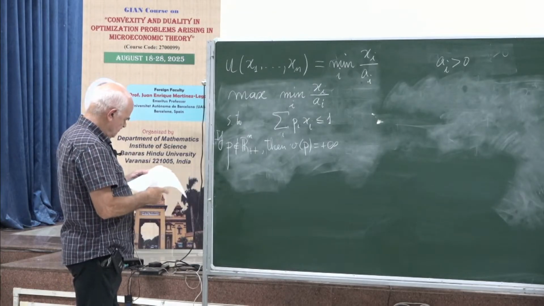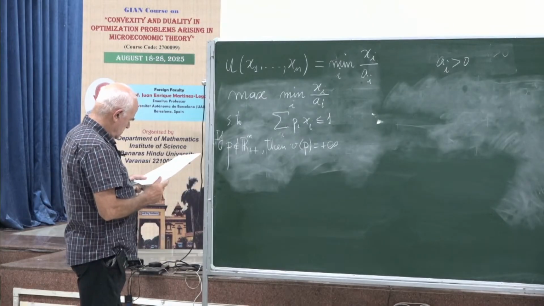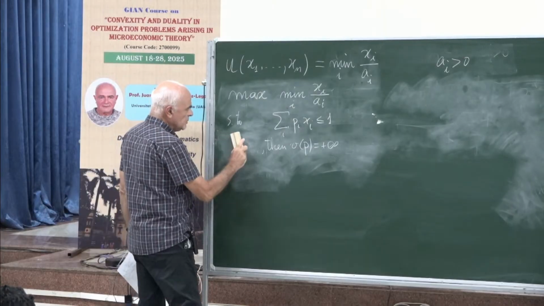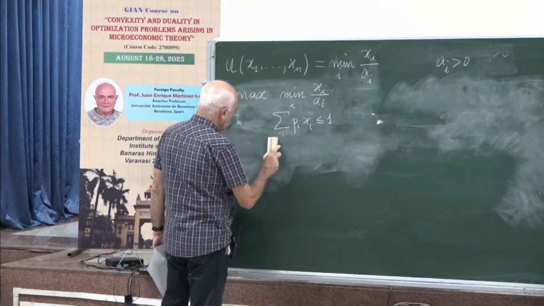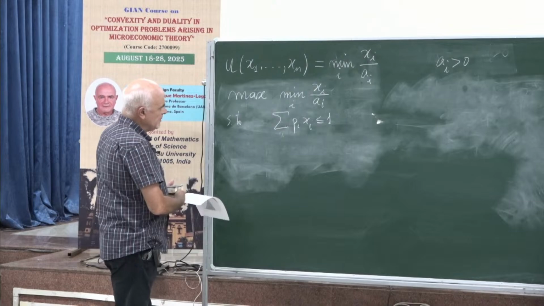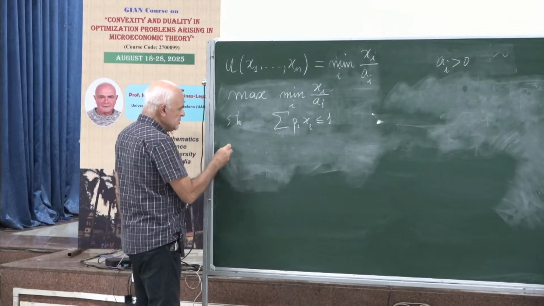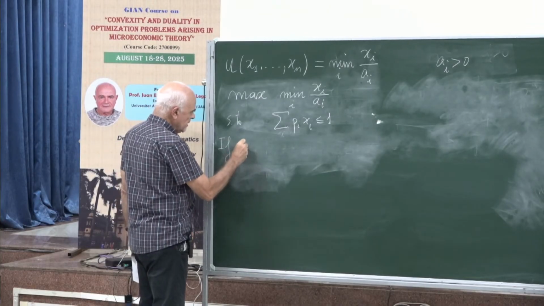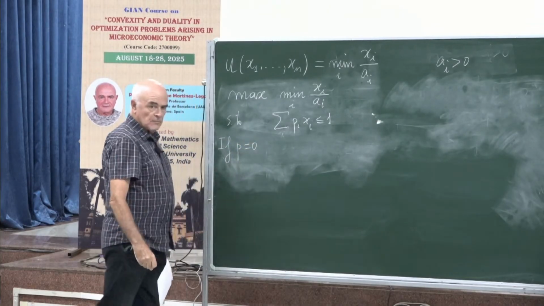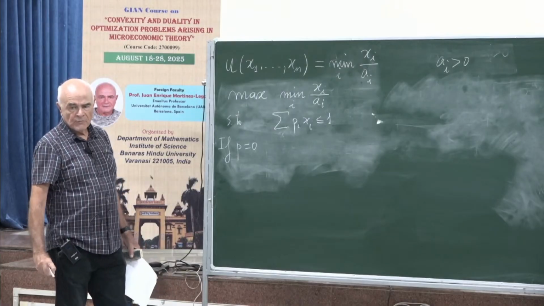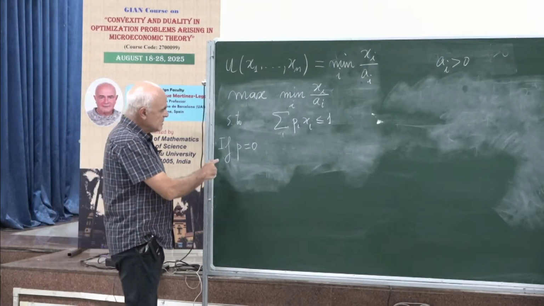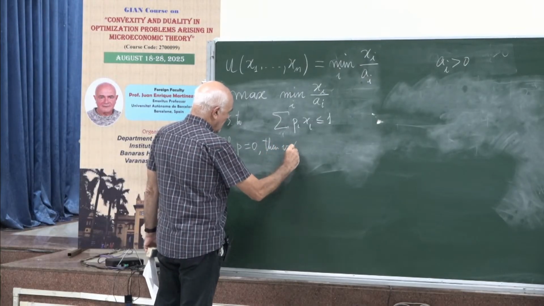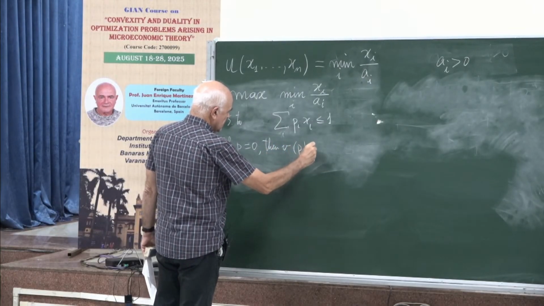No, I don't need to distinguish between being non-strictly positive or not. The only distinction that is in order now is p being equal to 0 or p being different from 0. When p is equal to 0, V of p is plus infinity.